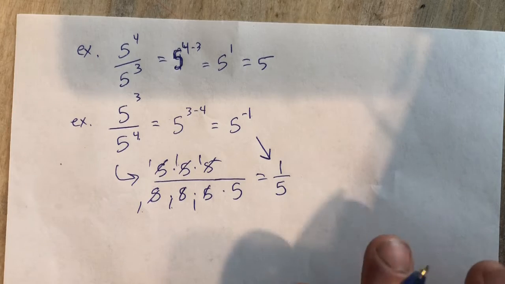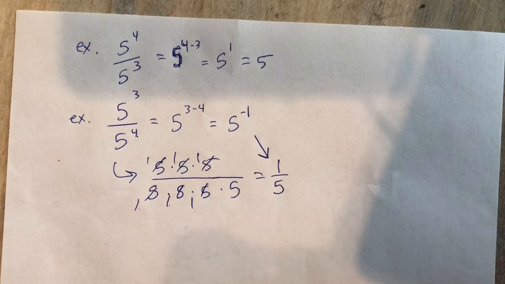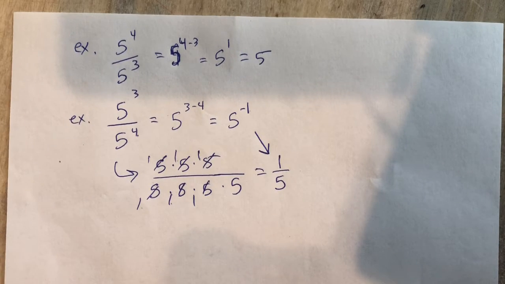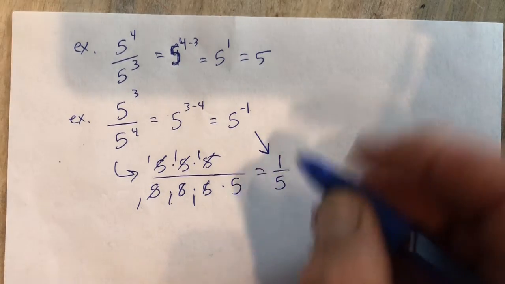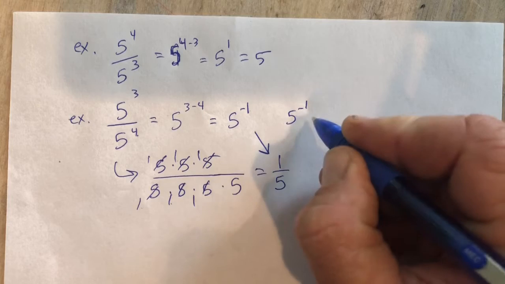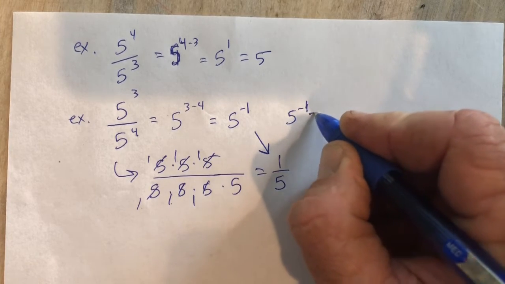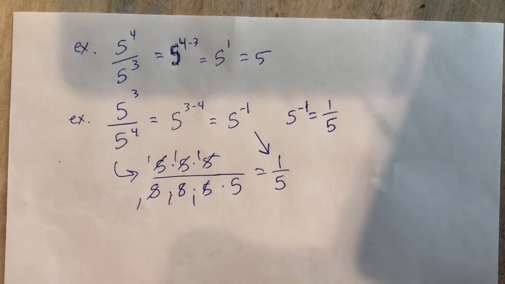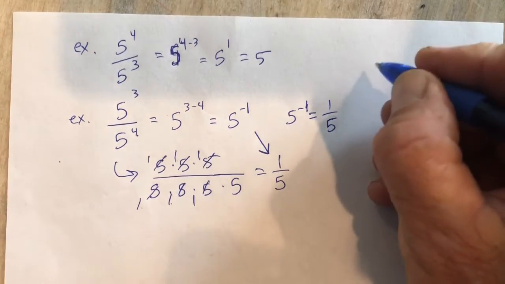So the rule to understand there is that negative exponents do not mean that they are negative numbers. It means that they are fractions. So 5 to the negative 1st power is equal to 1/5. So negative exponents are actually fractions. You might want to write that down.